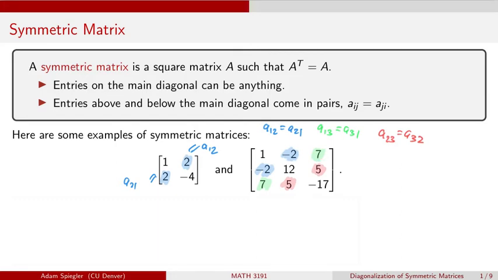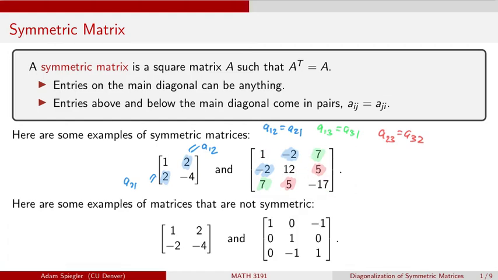A13 is 7, so we want to make sure that A31 is 7. And A23 is 5, so its mirror image, A32, is 5. We're just reflecting these values over the main diagonal, and the main diagonal entries can be anything.